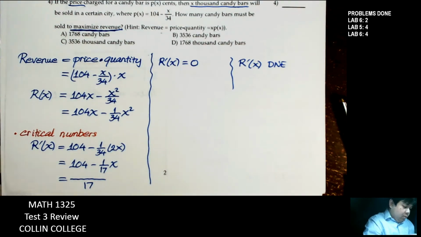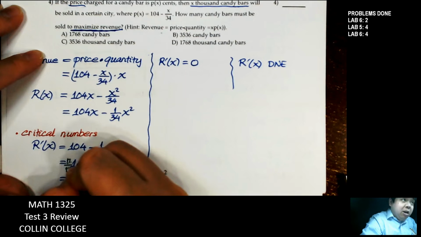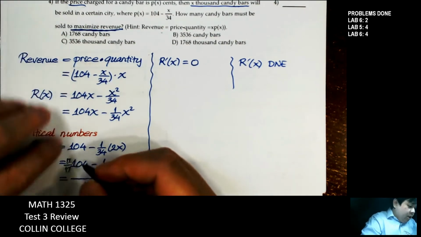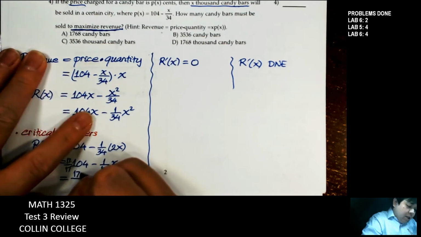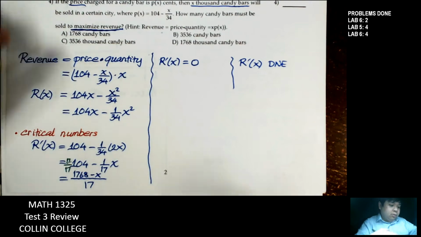Before that, we can do the common denominator, multiply by 17, top and bottom here. I got 1768, so I multiply 17 here, divide by 17.